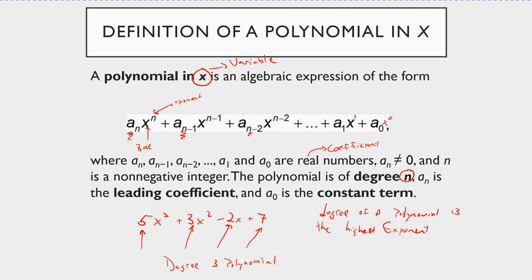All right, a sub n is the leading coefficient. So in this case here, the leading coefficient is 5. And finally, this a sub 0 here is just the constant term. So in this case, the 7 is the constant term.